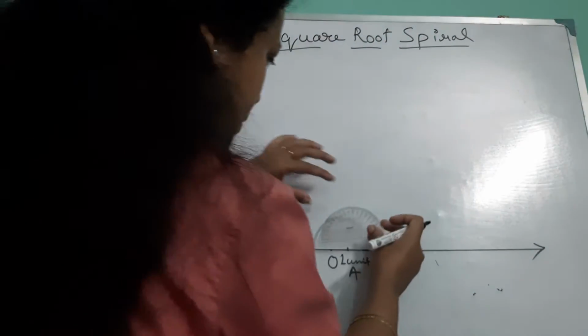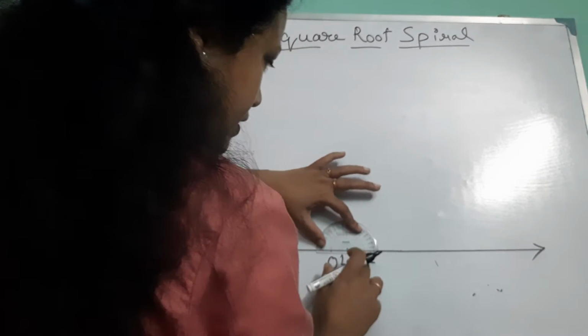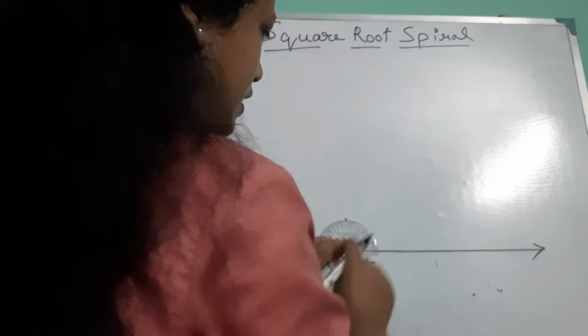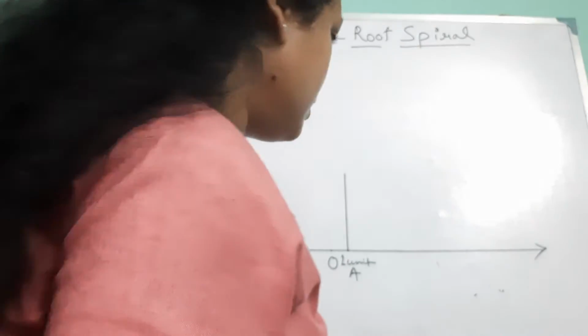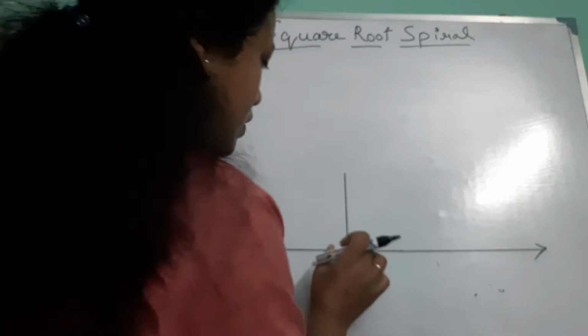Now with the help of a protractor, keep the protractor at this point A and draw the 90-degree perpendicular line. Then with the help of a scale we join these two points. On this perpendicular line also I have to take the same 1 unit.